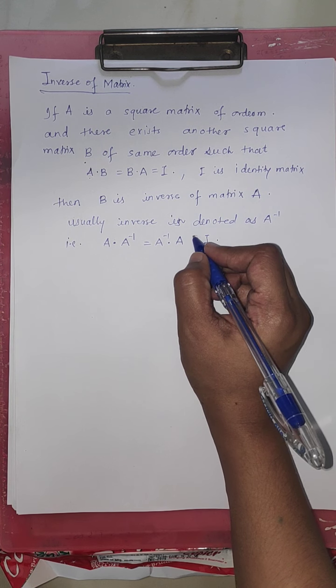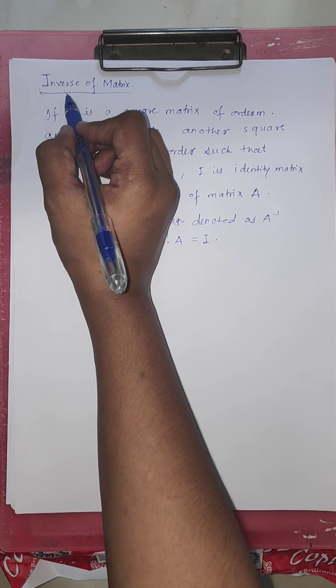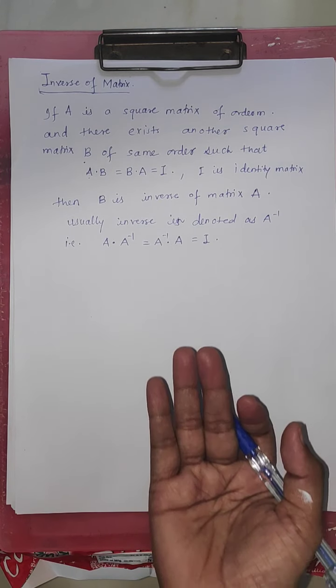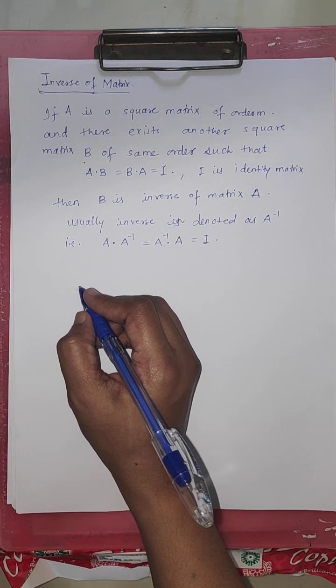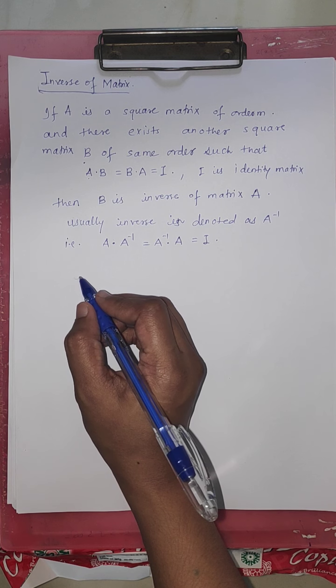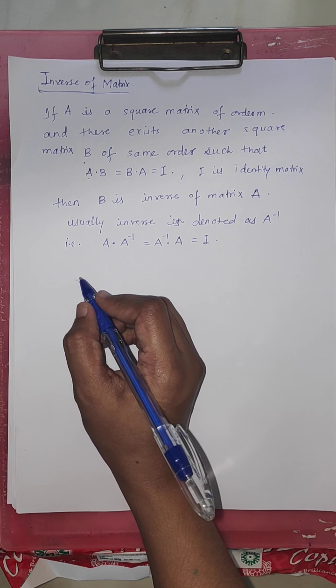For finding the inverse of a matrix, be clear that we can find the inverse of only those matrices which have the same number of rows and columns, that is, a square matrix. You all know what a square matrix is: a matrix which has the same number of rows and columns.